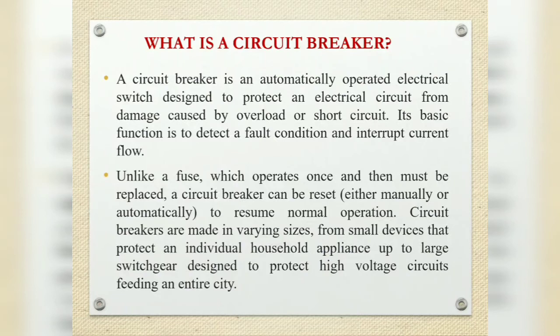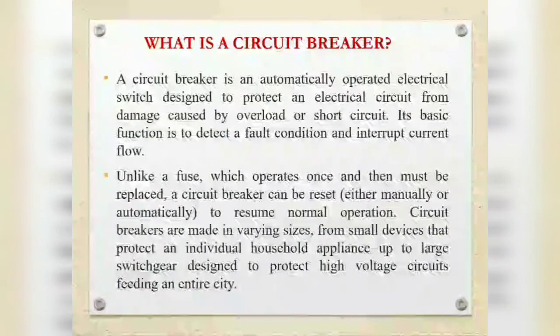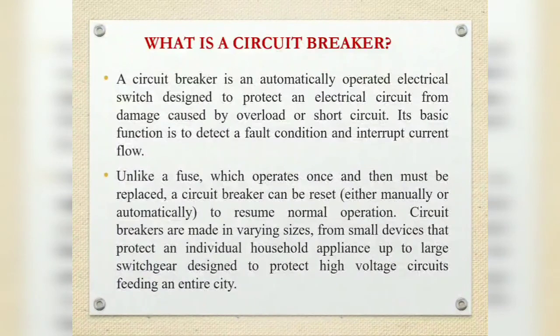Unlike a fuse, which operates once and then must be replaced, a circuit breaker can be reset either manually or automatically to resume normal operation. Circuit breakers are made in many sizes, from small devices that protect individual household appliances up to large switchgear designed to protect high voltage circuits.